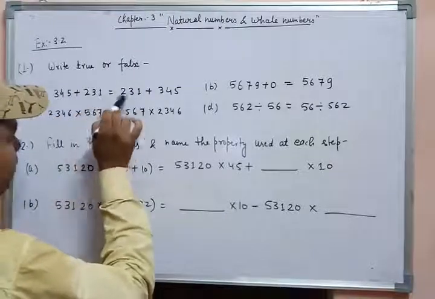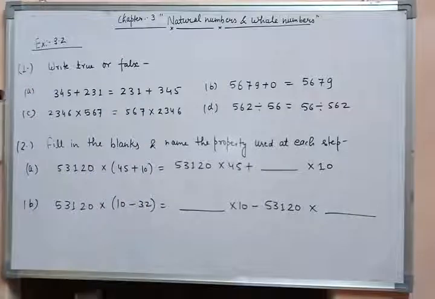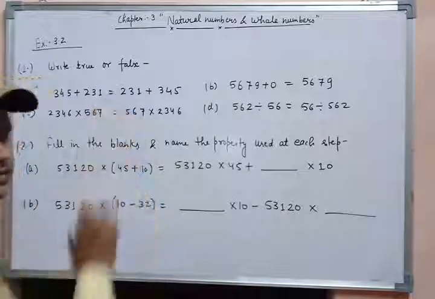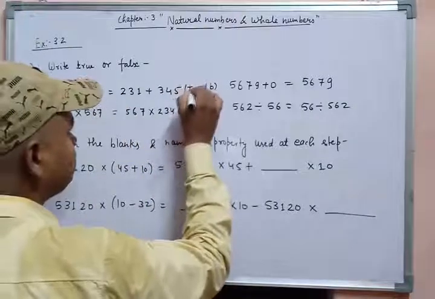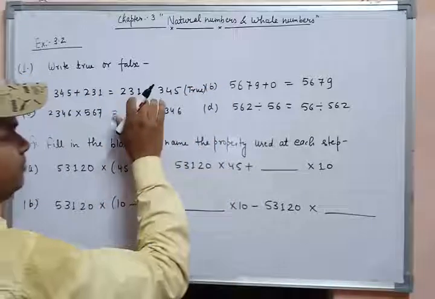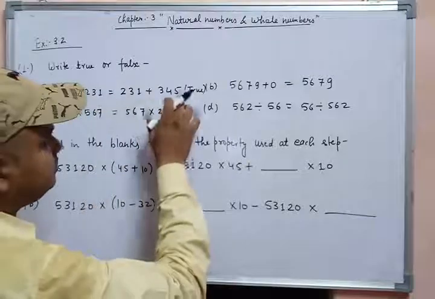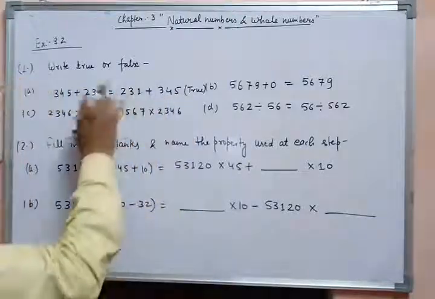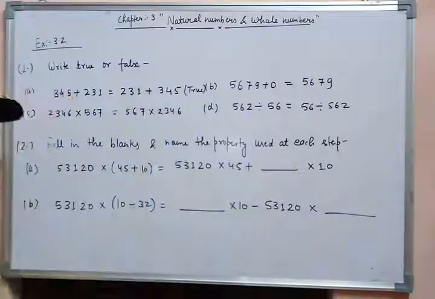Here the order on both sides is changed, so we will get the same result on both sides. So we can say that this statement is true. What is the name of the property? It is the commutative property of whole numbers.